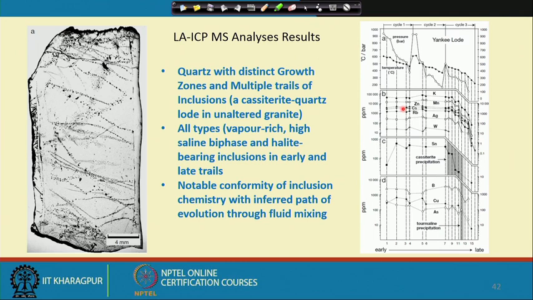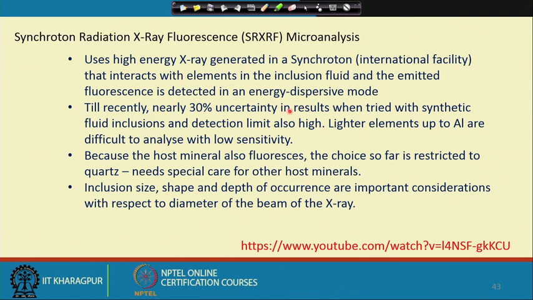So, there is no denying the fact that the in situ analysis of the inclusions needs to be followed up after the fluid inclusion microthermometric exercise to get a better idea about the fluid characteristics, the fluid chemistry, evolution and so on.